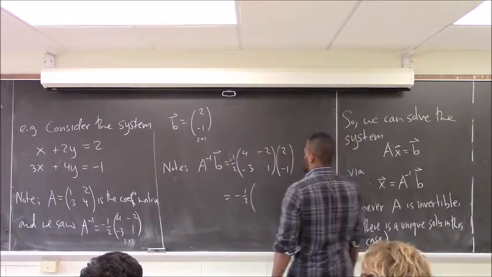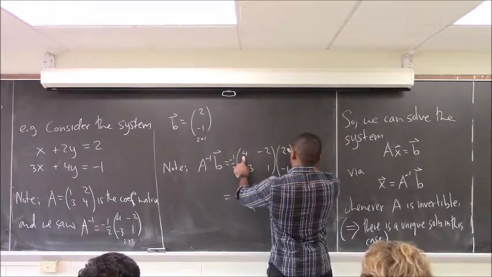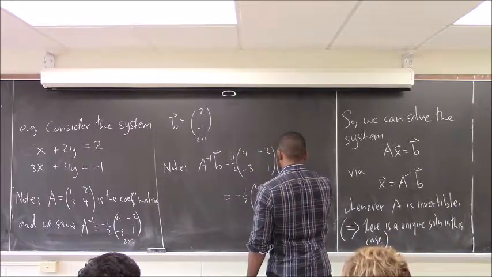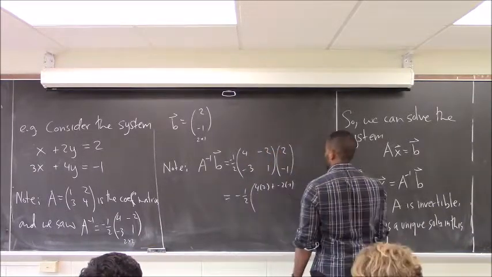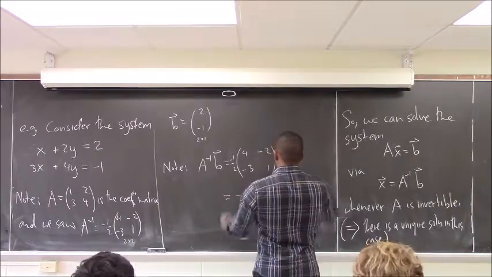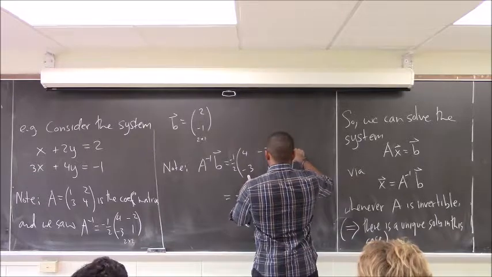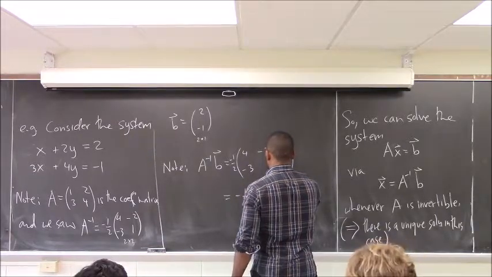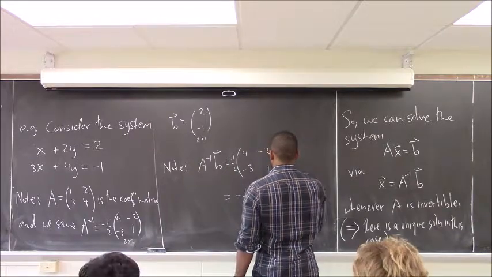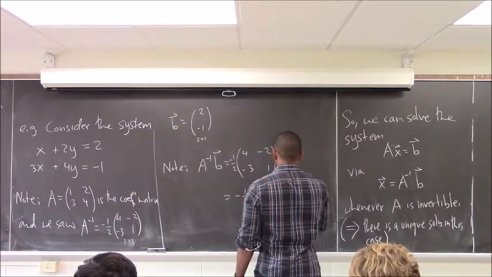Do our matrix multiplication. This is 4 times 2 plus minus 2 times minus 1. And then minus 3 times 2 plus minus 3 times minus 1.